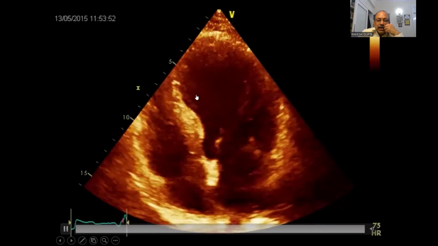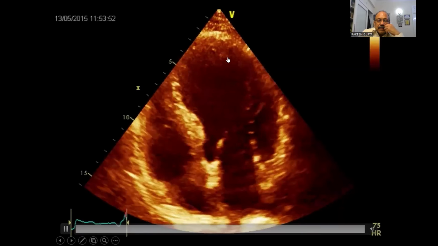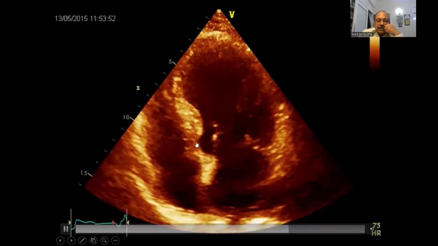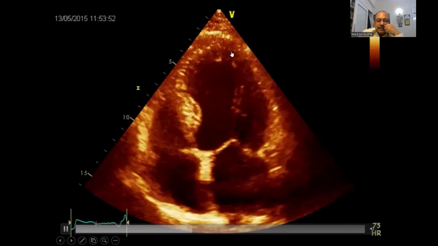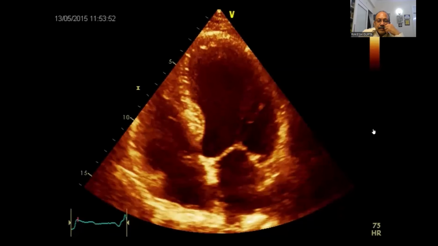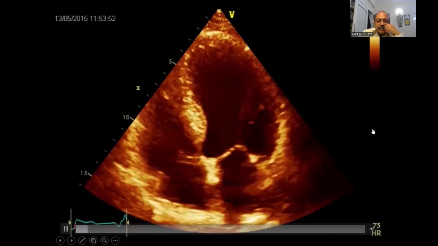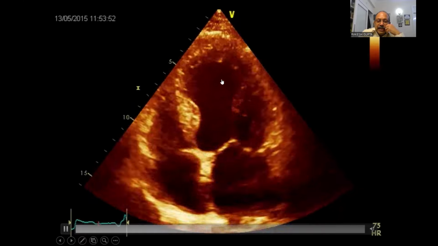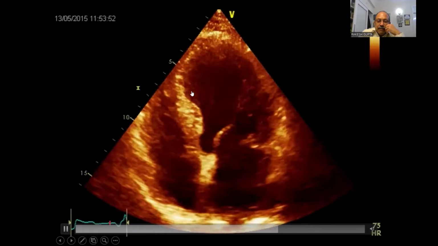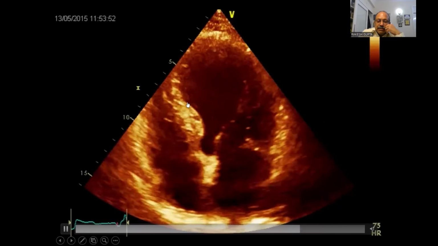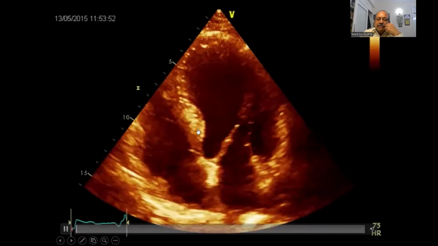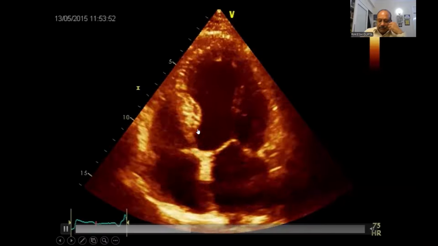Some amount of endocardial thickening you can see over here. And this segment is almost akinetic. Can you see this? So the whole lateral wall is fine. Apical septum is fine. Mid septum is fine. But the basal septum has some amount of thickening as well, and is hypokinetic.